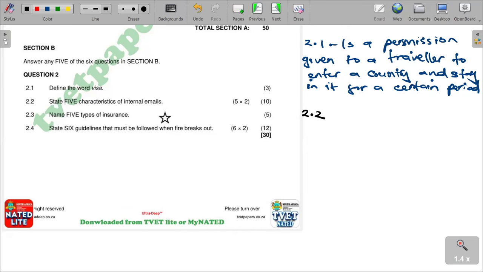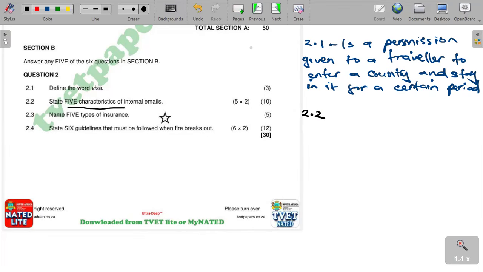2.2. State 5 characteristics of internal mails. Right, so we're going to state characteristics of internal mails.